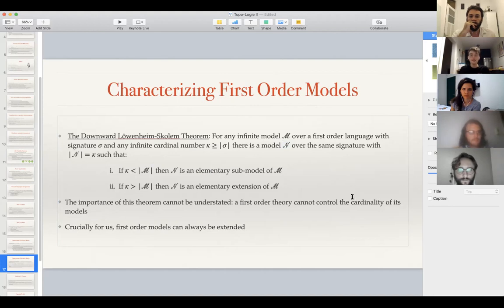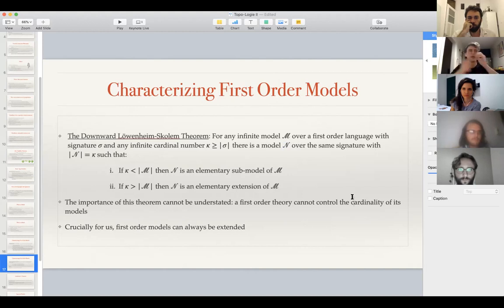So this is crazy, that's really absurd. It says that basically any first order infinite model has an extension model that is as large as you want.